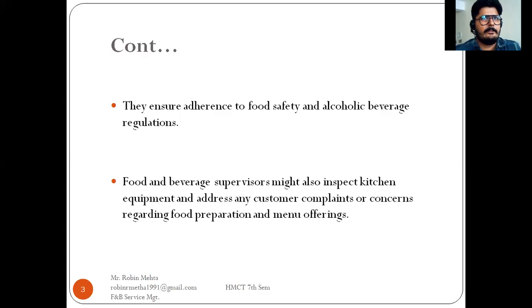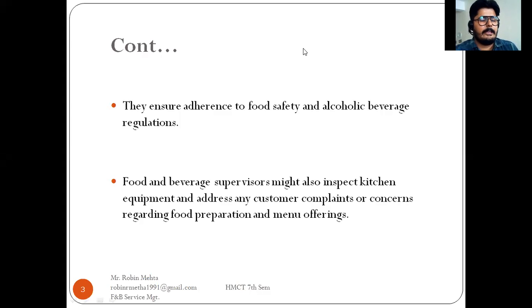Sometimes they do a surprise visit, or they regularly go to the kitchen, the restaurant department, or the back of the house areas to inspect what tasks and activities are going on over there, and whether the situation requires any improvement.